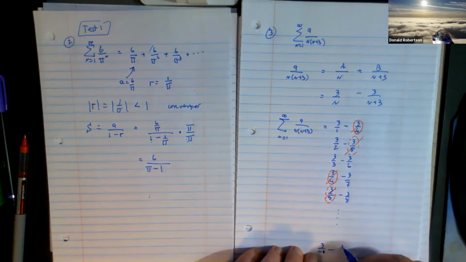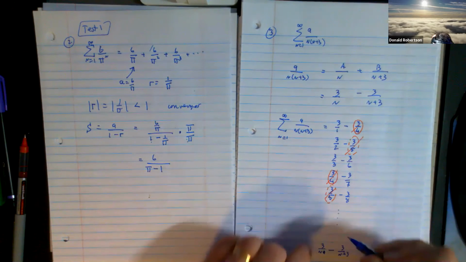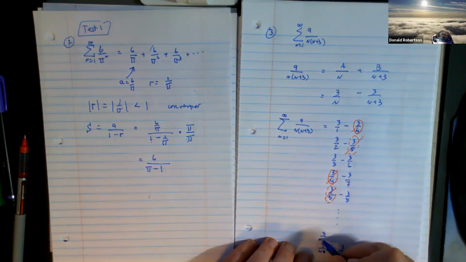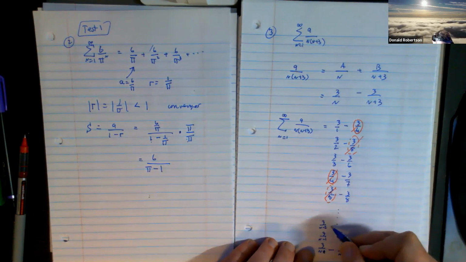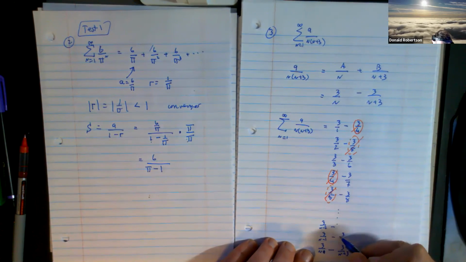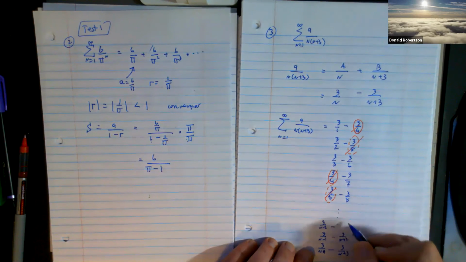Now, as you get to the end, the last one that you would finish at is randomly at n. But the one before that, and the one before that, would look like this.